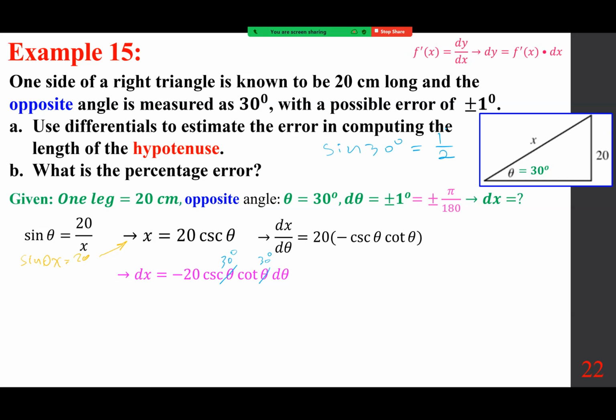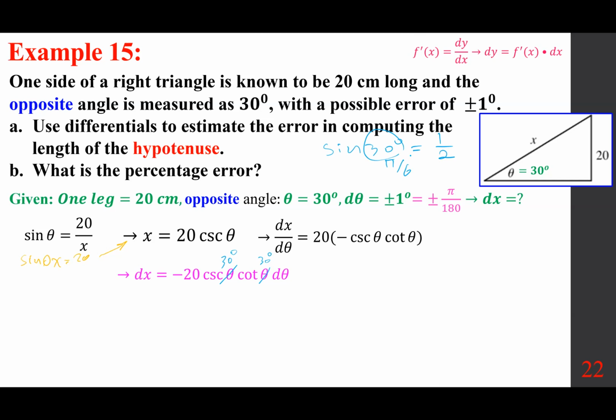Sine of 30 degrees, or pi over 6, is 1/2. So cosecant is 2, the reciprocal of that. And cotangent is square root of 3.